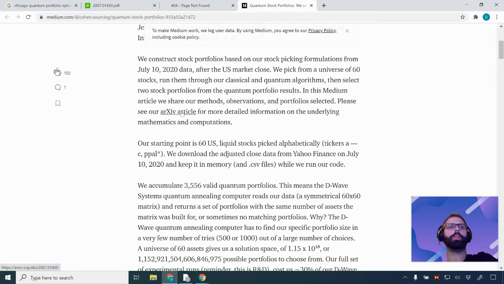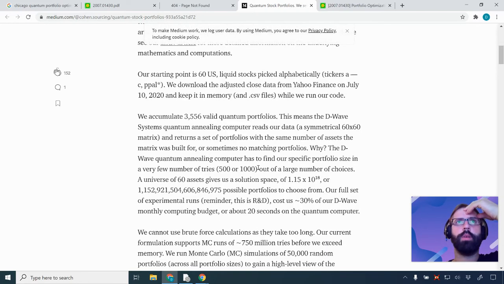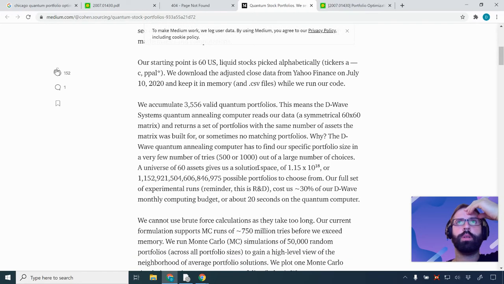The mathematics and the computation, I guess this is the same paper that I'm going to open up right now. Yes, to find our specific portfolio size in a very few number of tries out of a large number of choices.